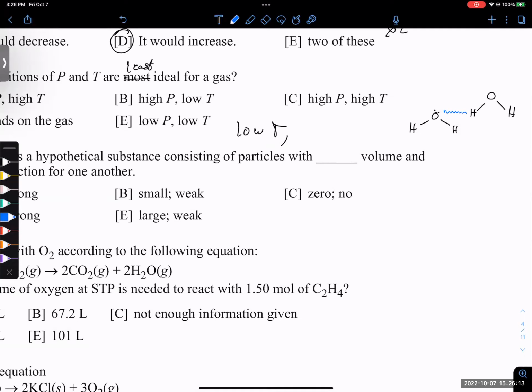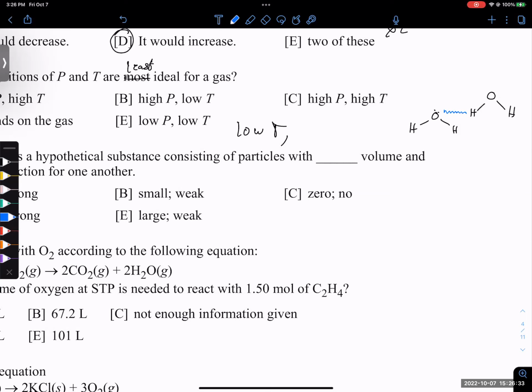Wait, so it's low temperature, high pressure? Is that when it's least ideal or most ideal? Correct. For least ideal, it would be low temperature because they're moving super slow, and high pressure because they're interacting with each other a lot.